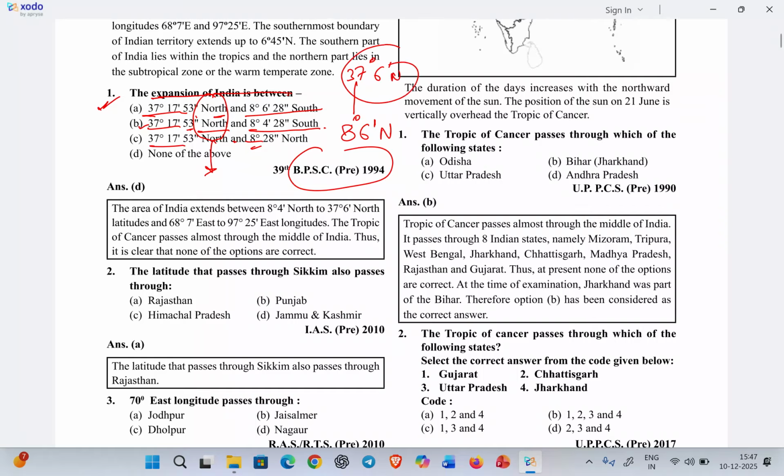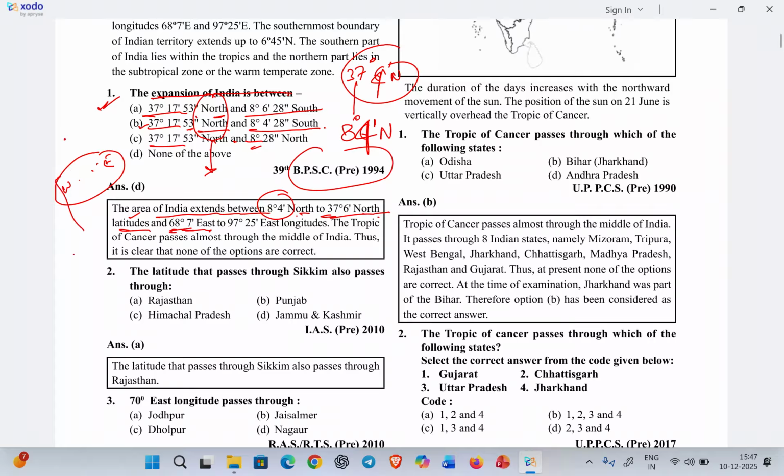So the area of India extends between 8 degree 4 minutes north to 37 degree 6 minutes north, and in longitude we see 68 degree 7 minute east.